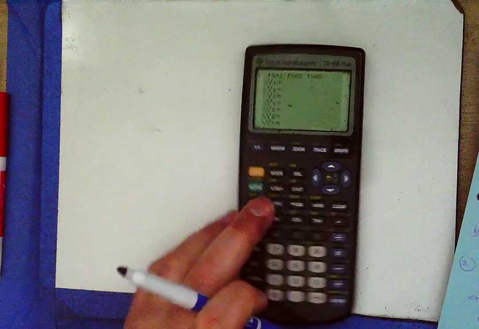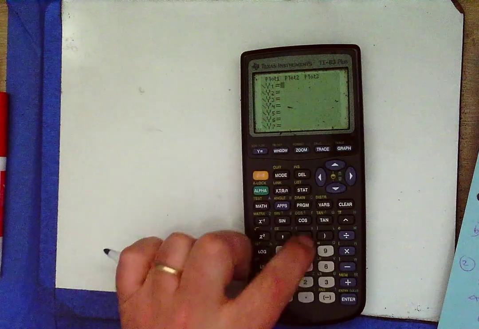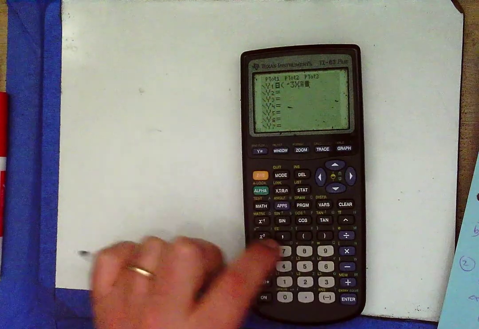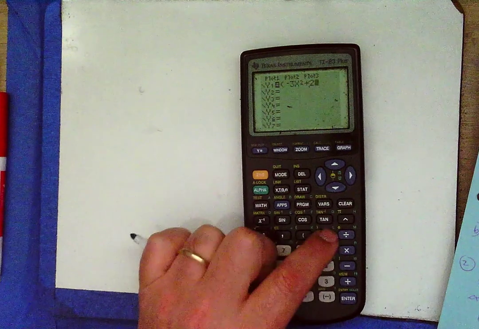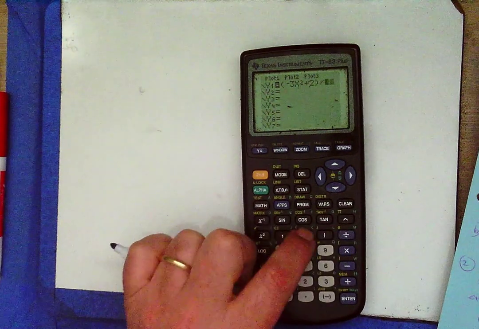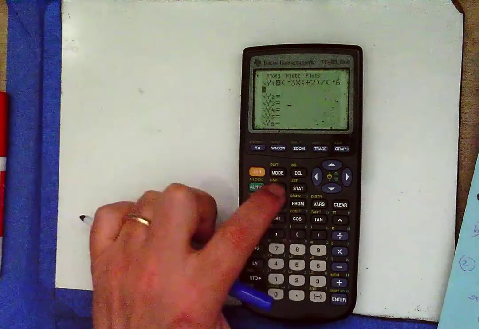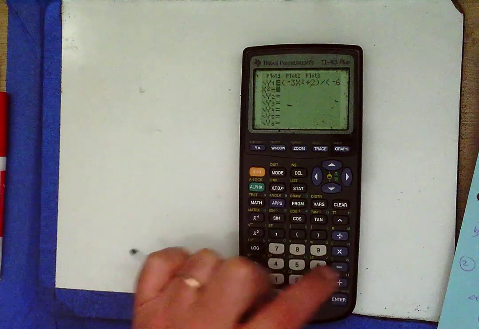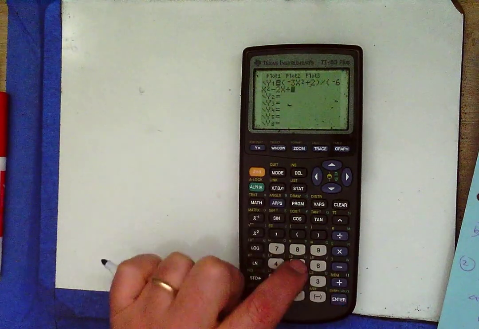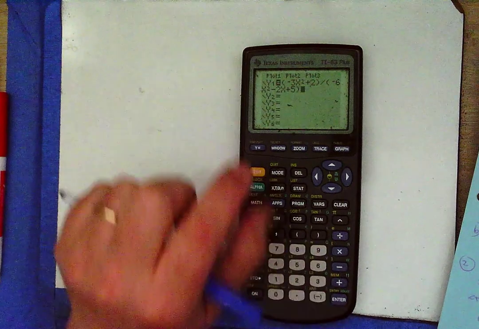Okay, and now I've got parentheses negative 3x squared plus 2 on top divided by negative 6x squared minus 2x plus 5 on the bottom.